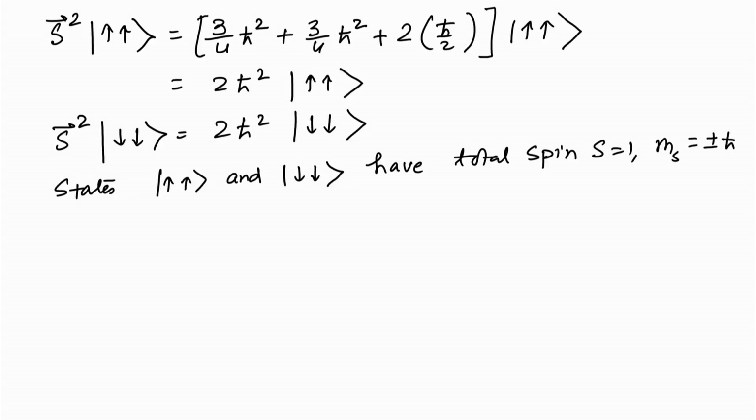But of course, S equal to 1 should have 3 states, which are equal to m_s plus minus ħ and 0. So, the third state, m_s equal to plus minus ħ, is there.